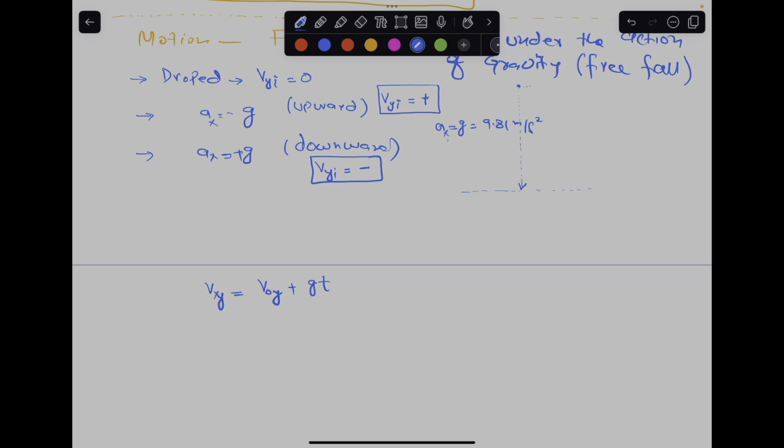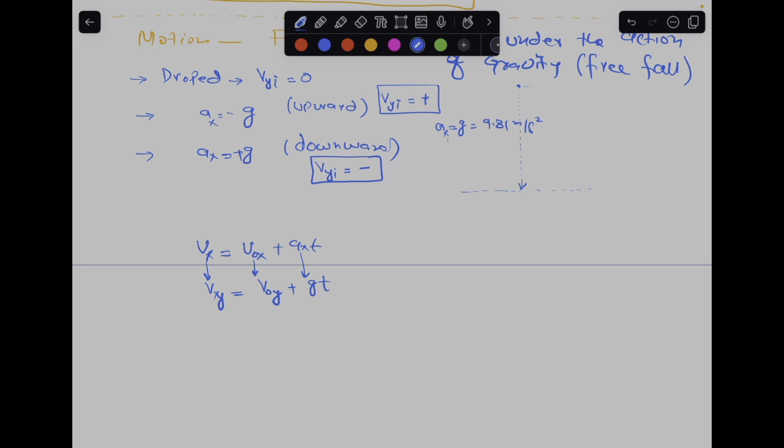Your acceleration becomes the gravitational acceleration. The equation Vx is V naught of x plus axt becomes Vy, since motion is along y, this is V naught of y, and ax becomes g.